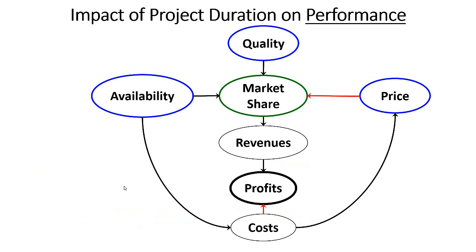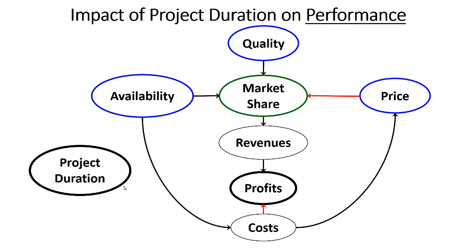Let's go back to our diagram where we were looking at the key performance variables and their relations. And let's drop in project duration. We're doing projects ultimately to have some impact on availability, price, quality, and profits. Well, we know that if a project's duration increases, it's going to cost us more.